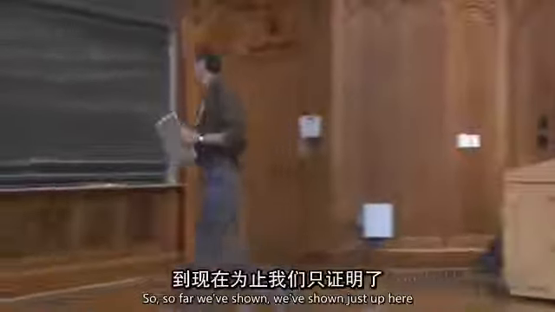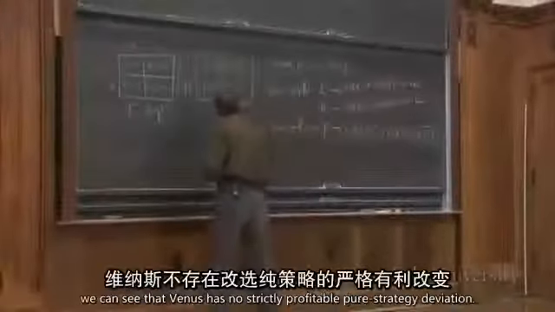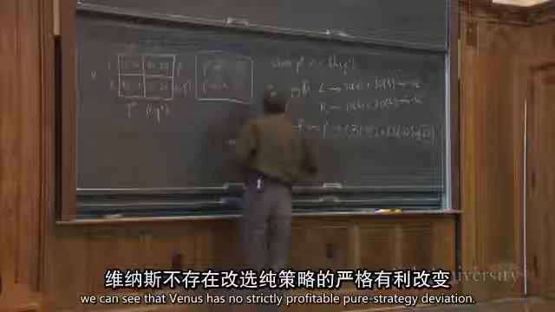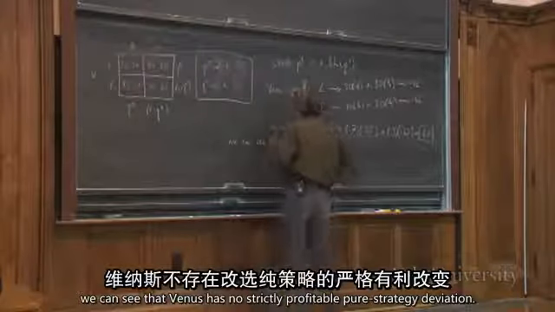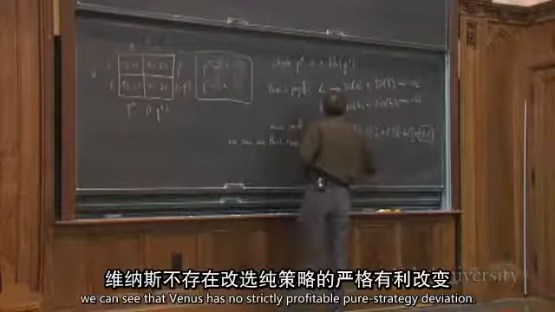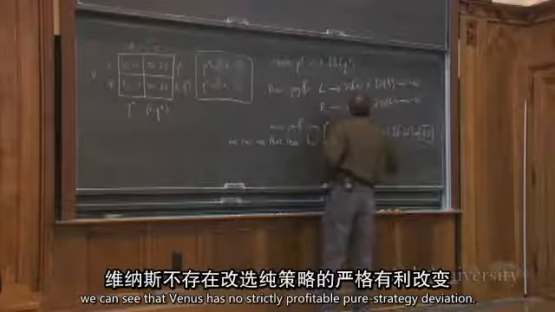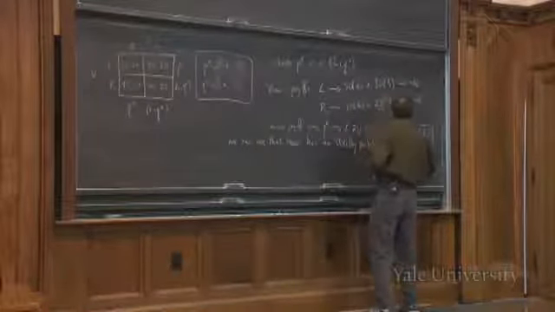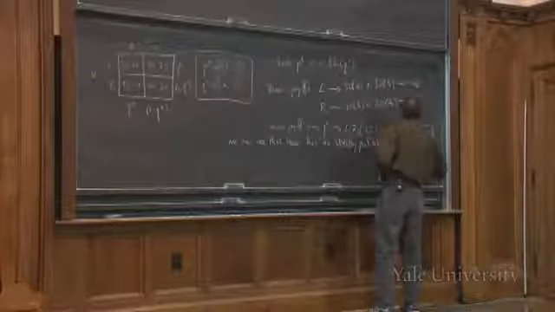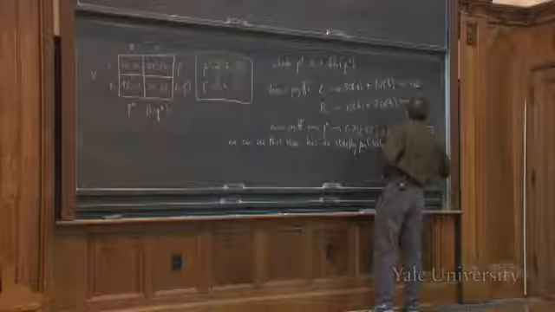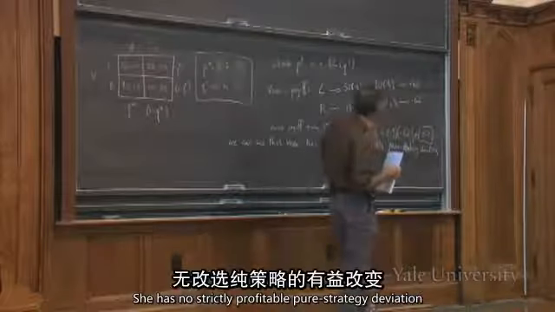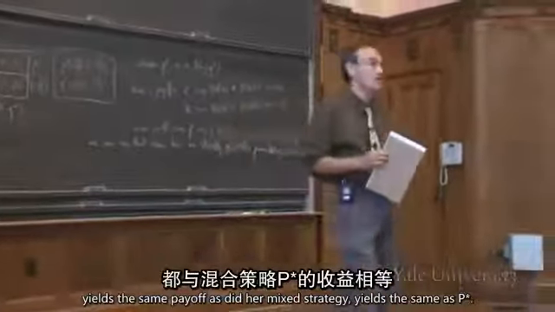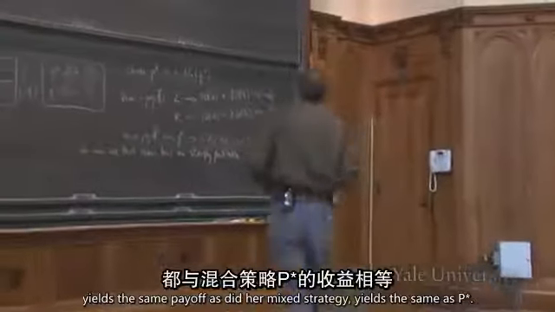So far we've shown that Venus has no strictly profitable pure strategy deviation, because each of her pure strategies yielded the same payoff as her putative mixed strategy, P star.